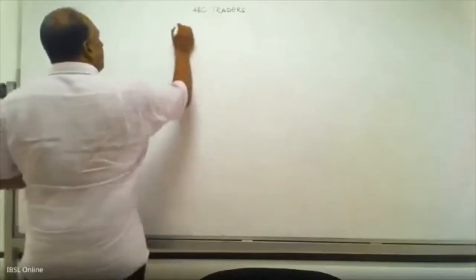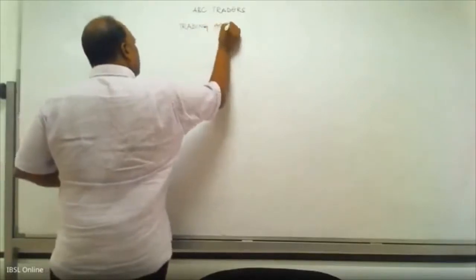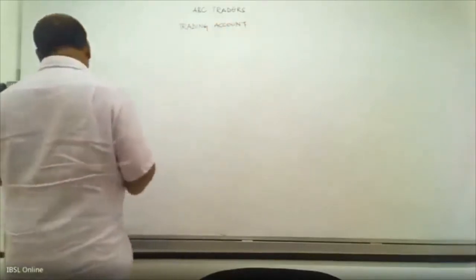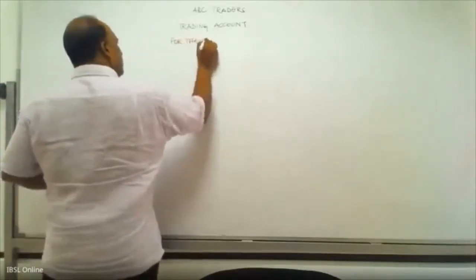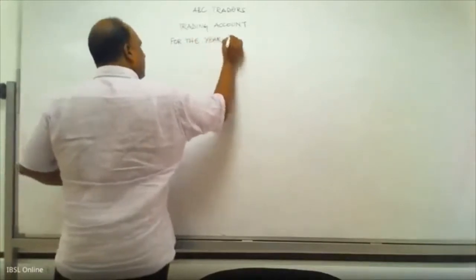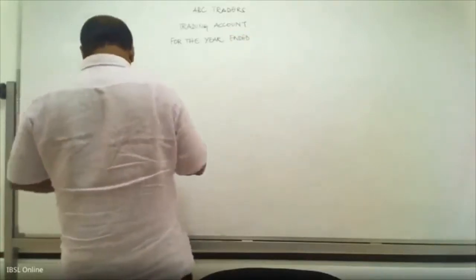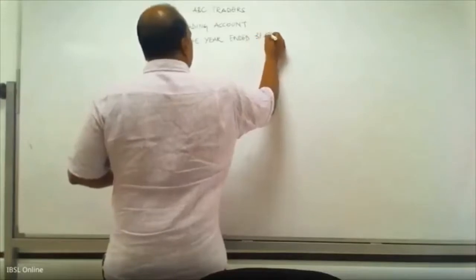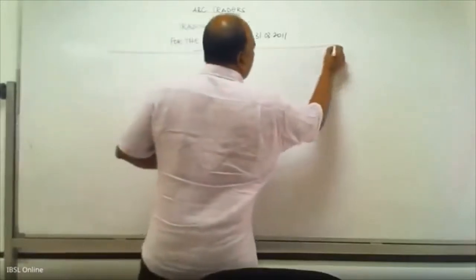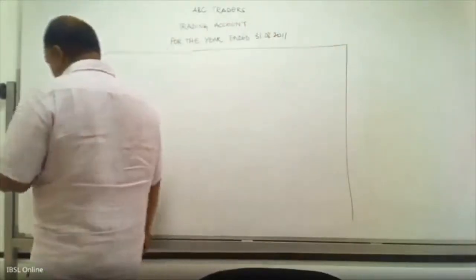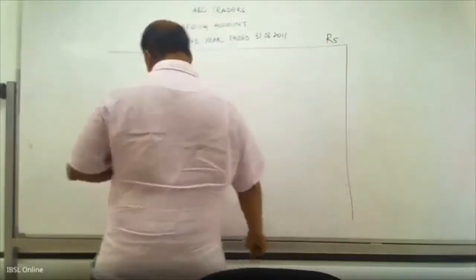Then trading account, then you will say for the year ended 31st March 2011. And below that, we will do the trading account. So it is given in rupees, so we have to say rupees.